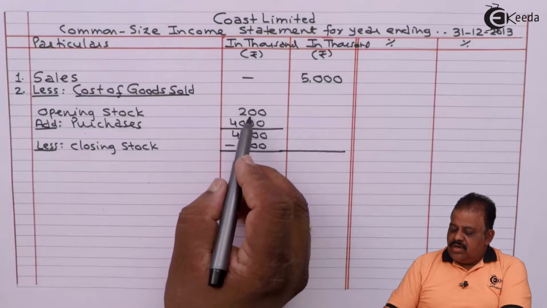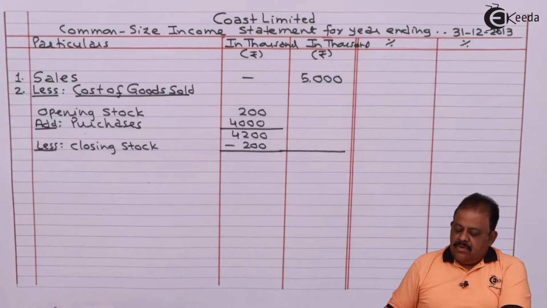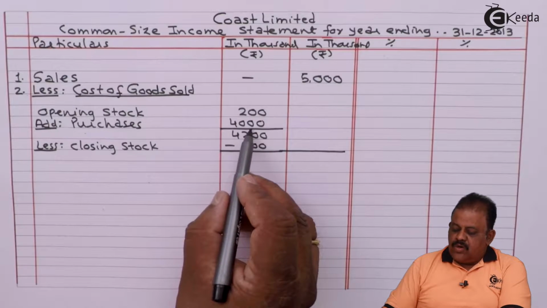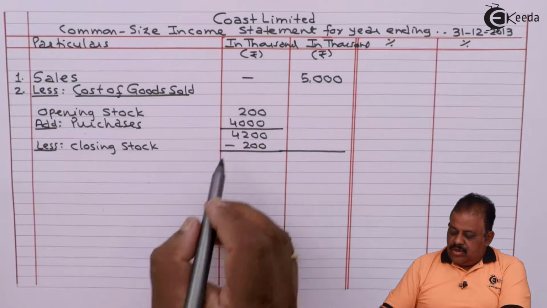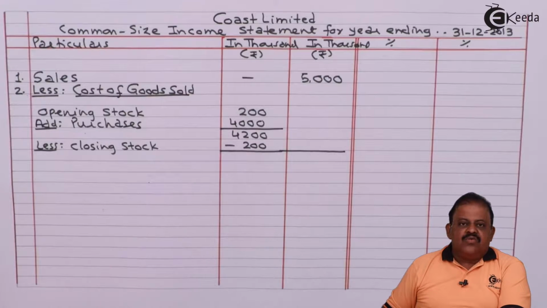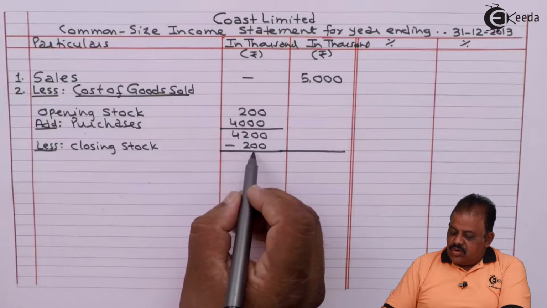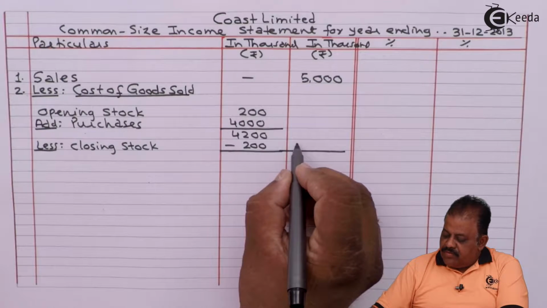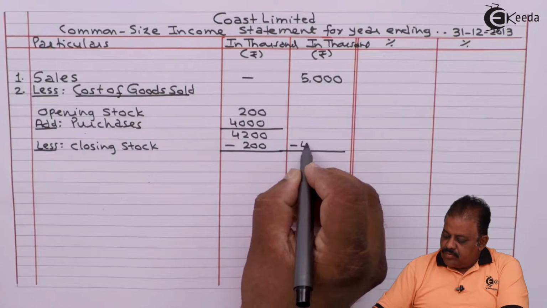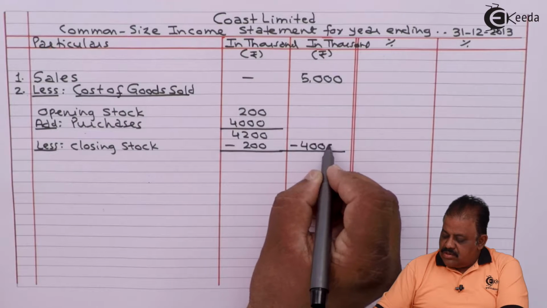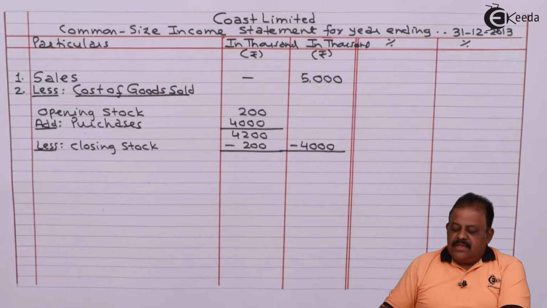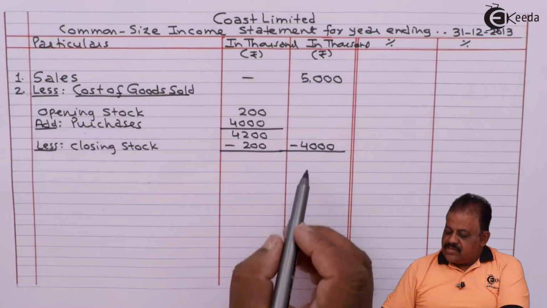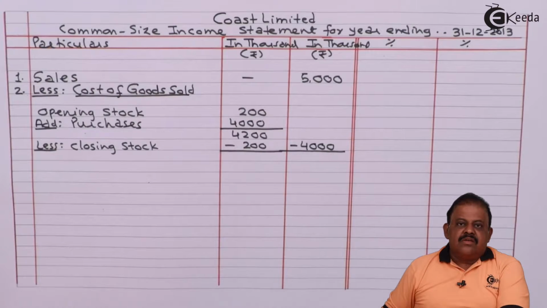Opening stock 200, add purchases 4,000, total 4,200, less closing stock 200. So cost of goods sold we have 4,000, sales 5,000, less cost of goods sold 4,000, we get gross profit 1,000.